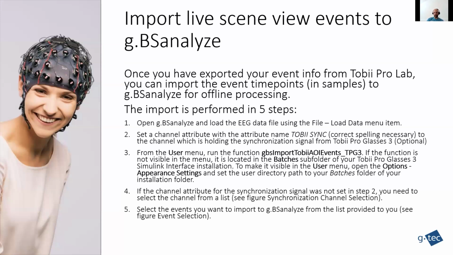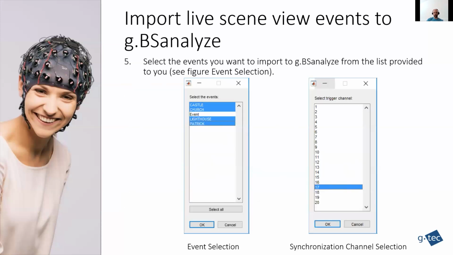Then we start the integration process. The software asks us for the TSV file that we exported from the Tobii Pro Lab. Then we specify which events we want to integrate and which channel holds the synchronization signal, in case we didn't do so already. Then the events are imported to g.BSanalyze for further pre-processing.